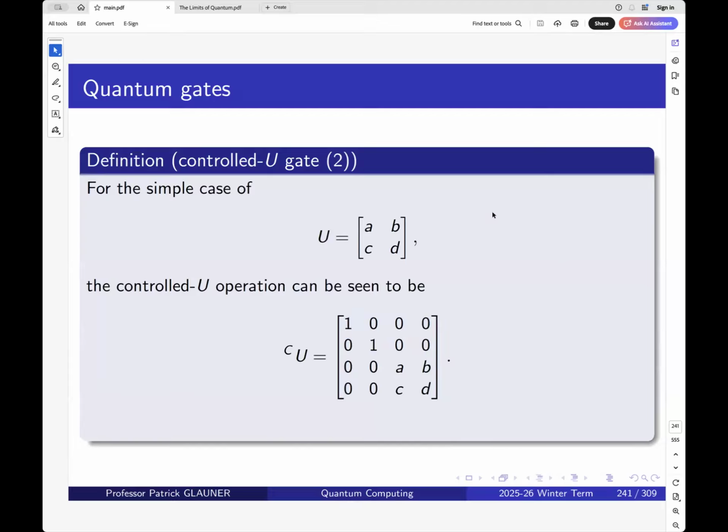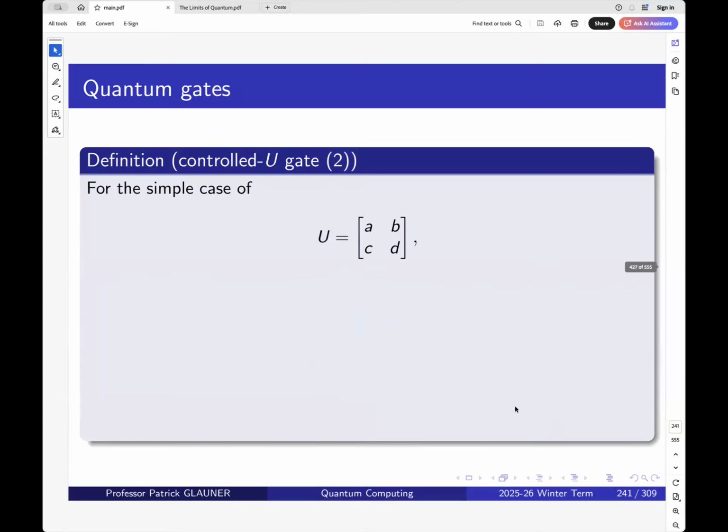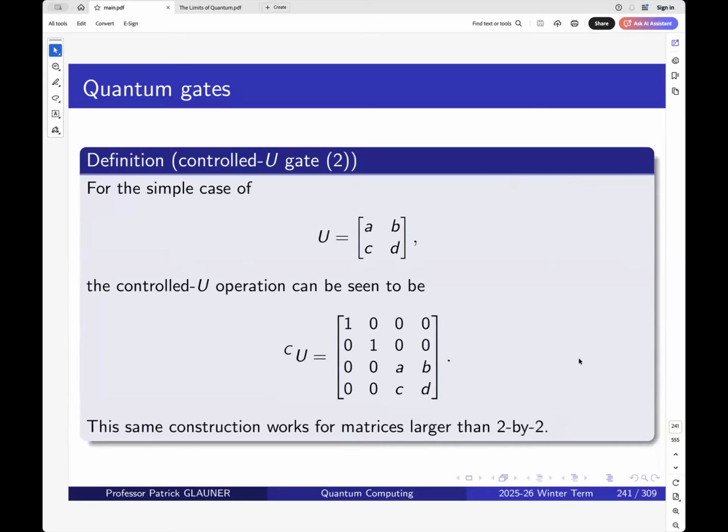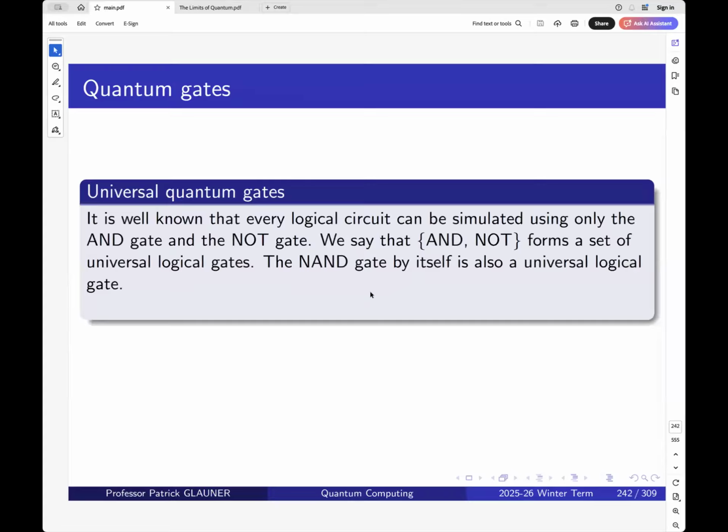And then you have this controlled U. So based on the control input, you would manipulate the n other qubits and turn them into some n other values. This construct here not only works for matrices of that size, but also for larger unitary matrices. So if you have multiple qubits combined, you can also use this here, and you may see this in some of the quantum algorithms that you're studying.